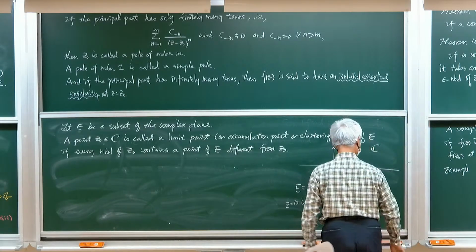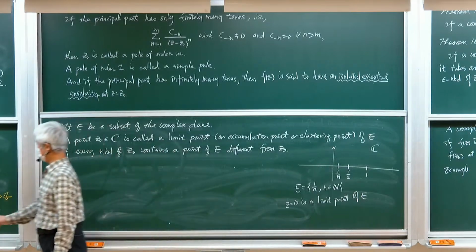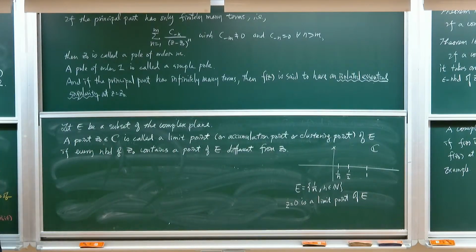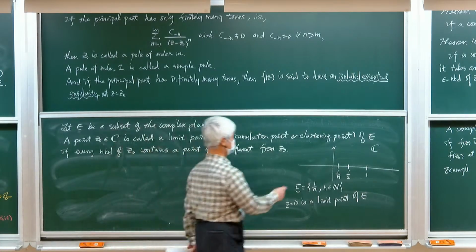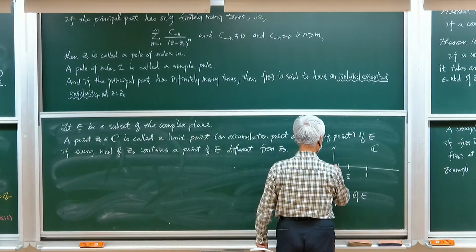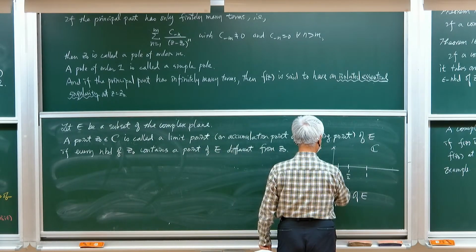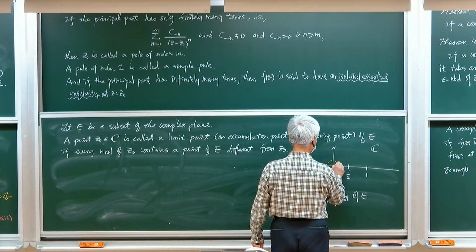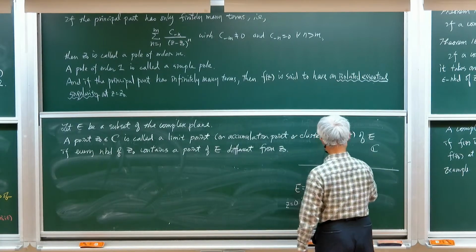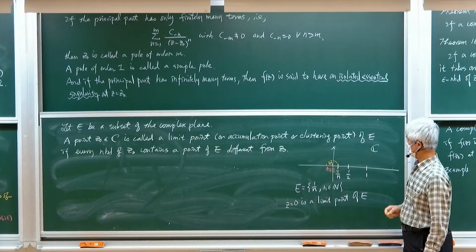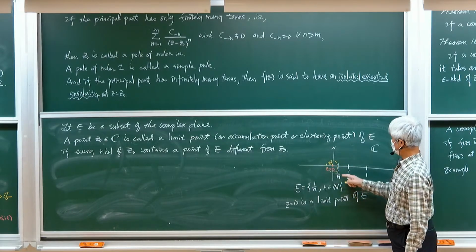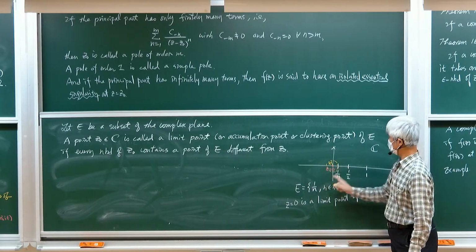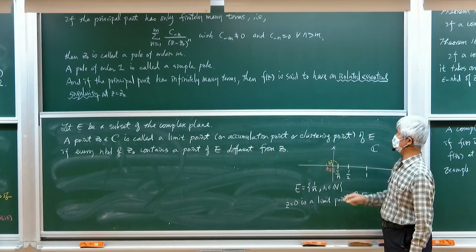Because if you take any neighborhood of the 0, you will see that at least one point in E is in this neighborhood.